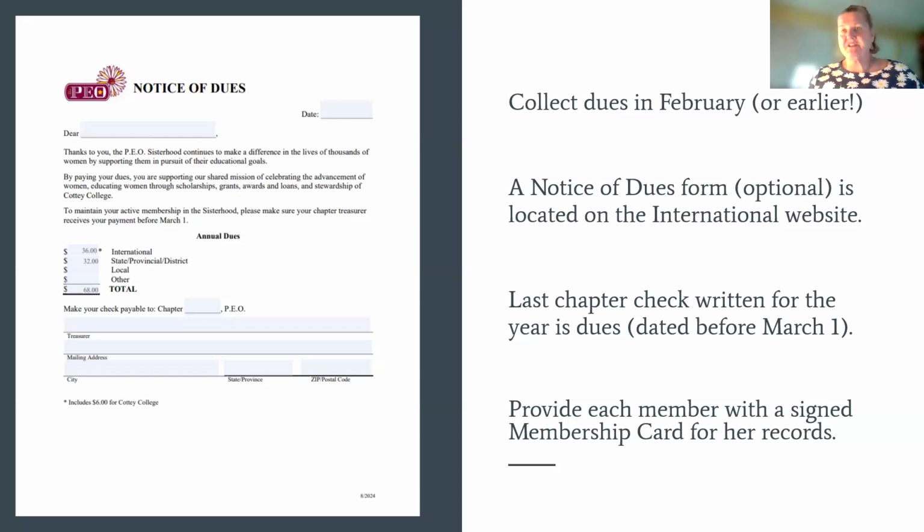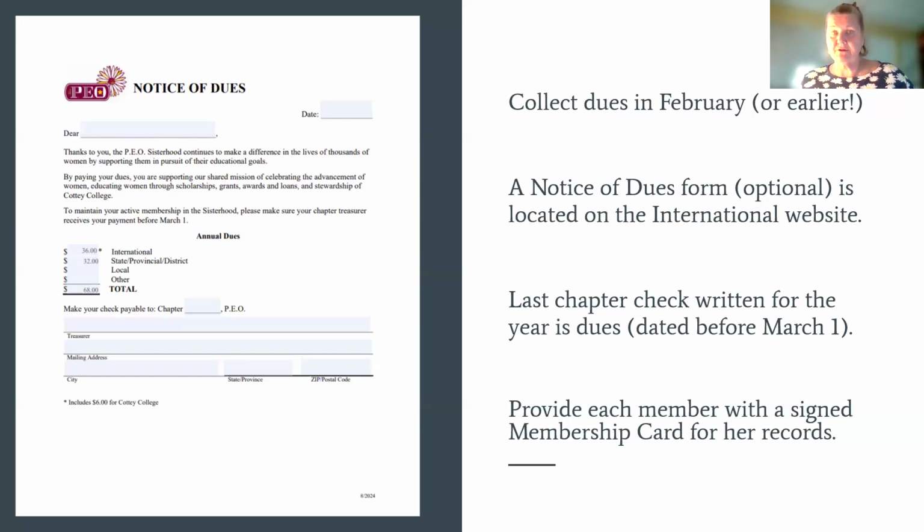So if your chapter dues are $70, your chapter will only have $2 per member for the local chapter. You want to reflect on that and determine, is this enough money to cover our operating expenses? Is your local dues enough?